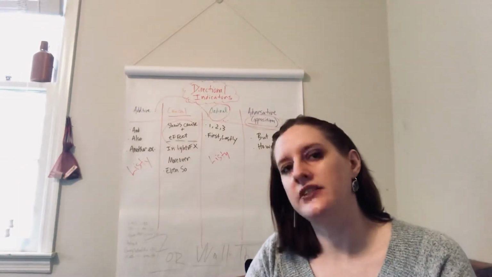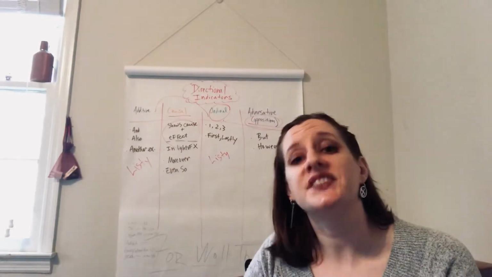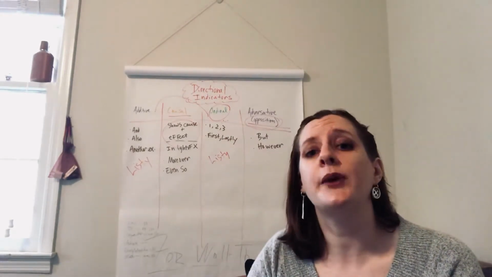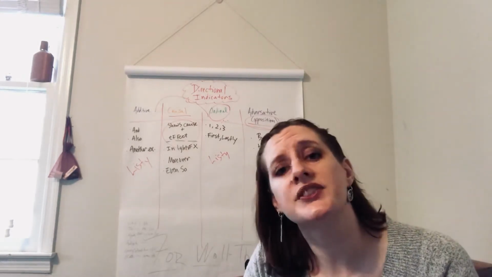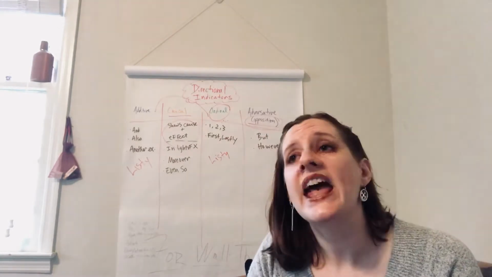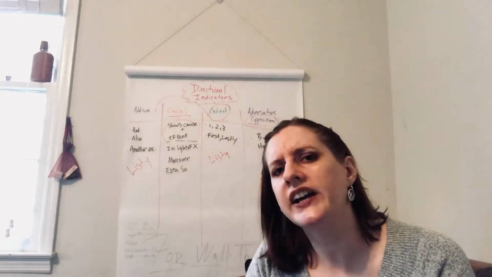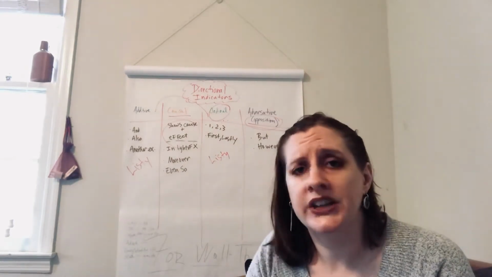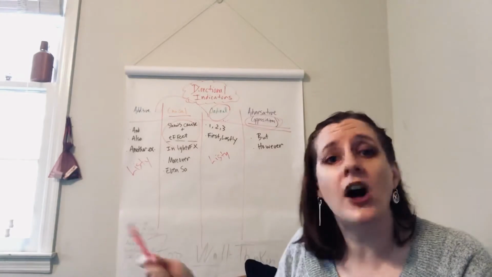So with this individual revision exercise, what I want you to do is I want you to go through and actually physically highlight all of the directional indicators that you have in your paper. All of them. And do some data work on what you find. How many directional indicators does your paper have? What of the categories do they fall into?